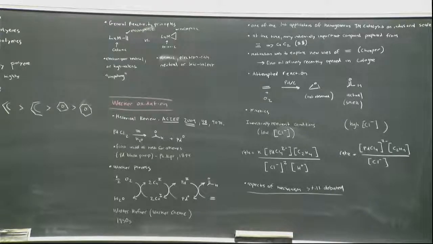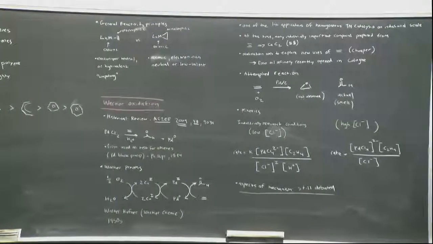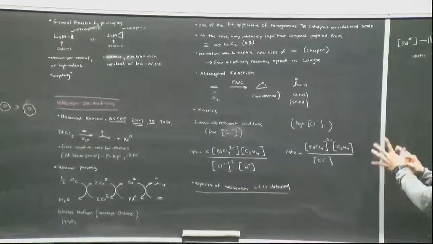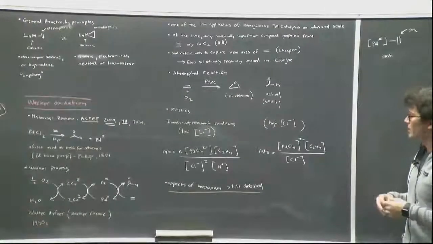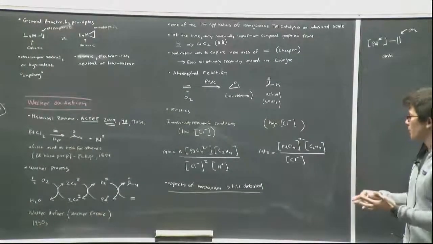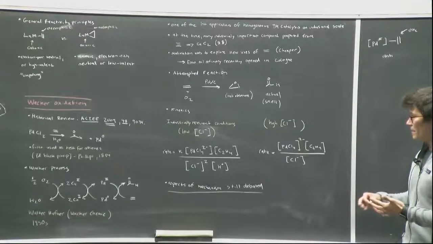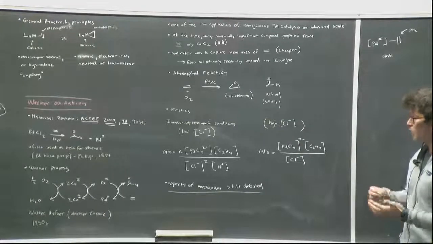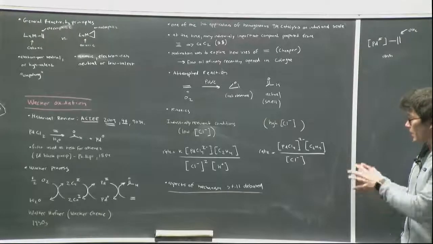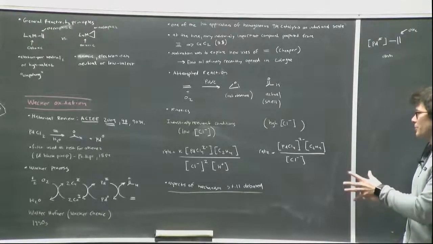And one of the central problems is that it's very hard to study. So it's known, I think, that when you change variables of the Wacker process or Wacker type reactions, the outcomes change quite a bit. And so to study the mechanism, it's almost like Heisenberg's uncertainty principle.